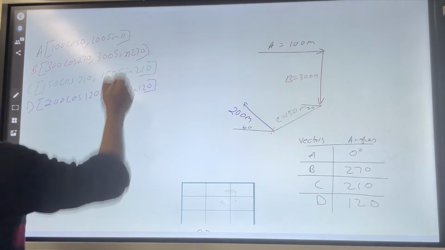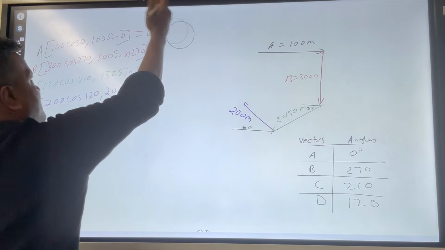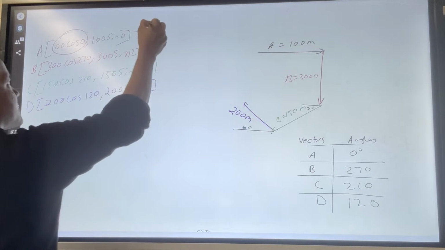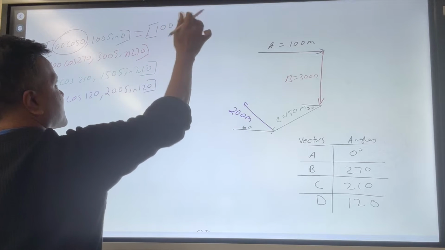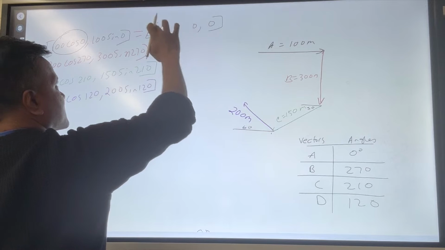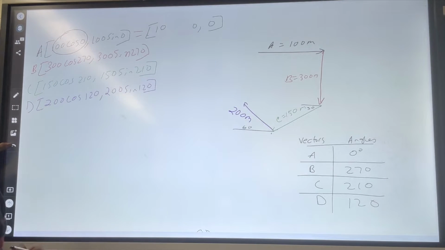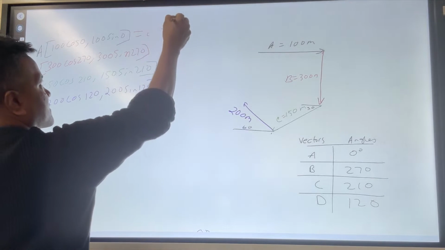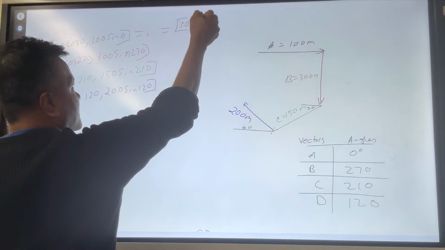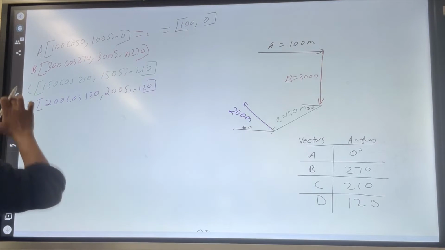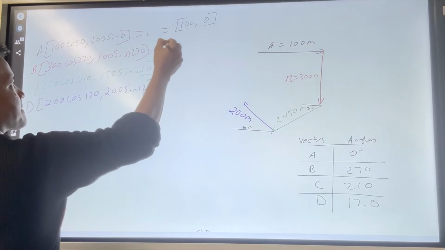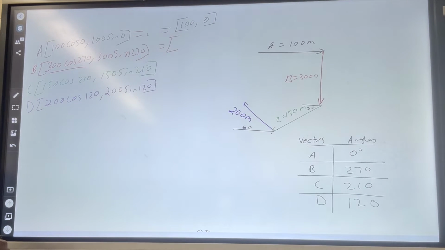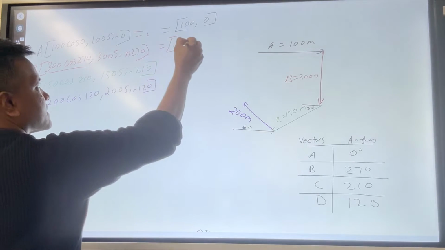Okay, so what is vector A? Vector A is 100, 0. What is vector B? 0, negative 300.